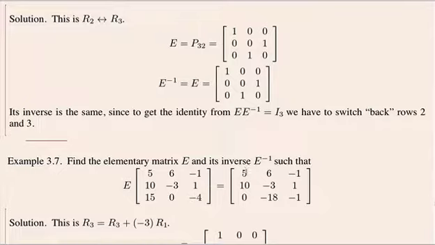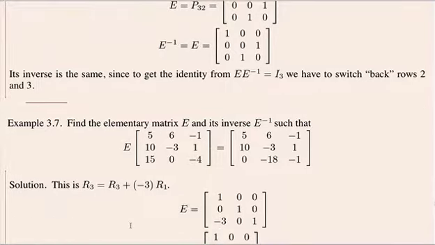For example, we get 0 if you subtract from 15 3 times the first row, and then you get 3 times 6, 18, minus 18, and minus 3, that's plus 3, so that's minus 1. So this is adding to row 3 minus 3 times the first row. That's a row addition matrix.